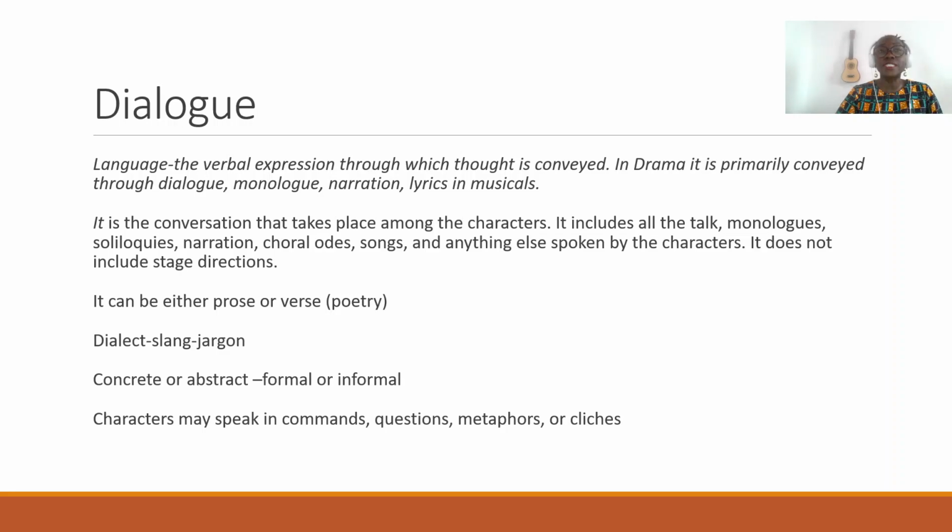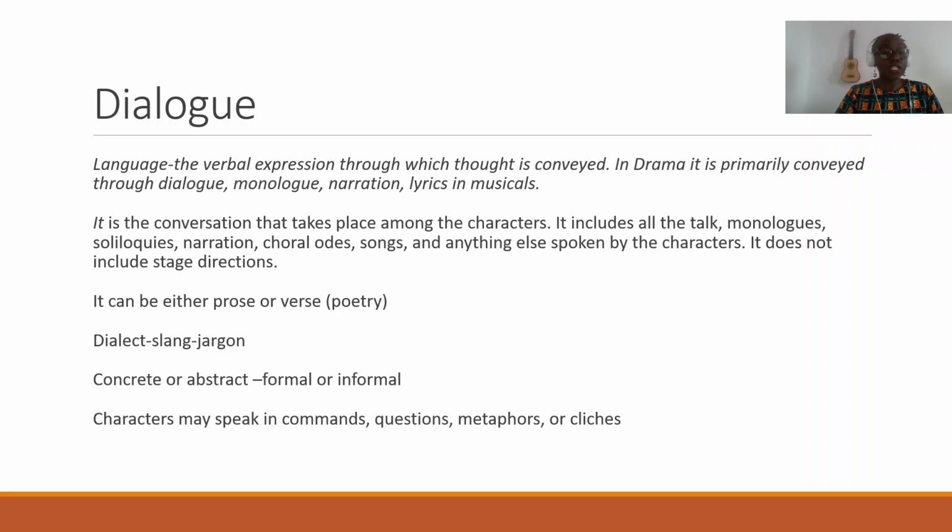Stage directions just give us information about the circumstances, what is going on, the circumstances that have brought the characters together or that are pushing the action of the stage. Dialogue can be either in prose or poetry, dialect, slang, jargon. All of these are a way to communicate through language.